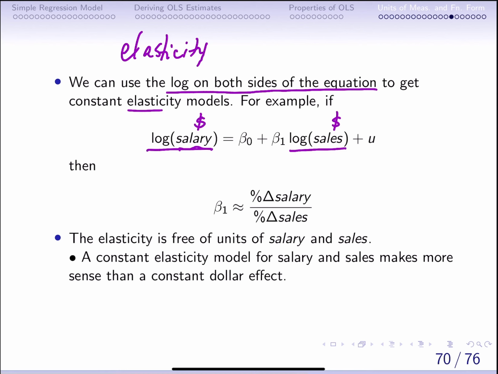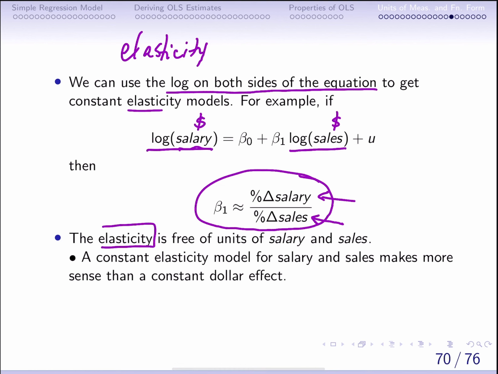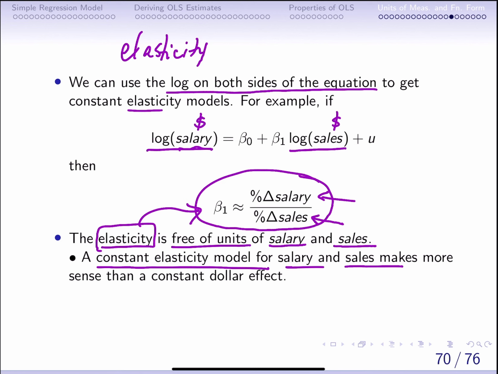So beta 1 would then capture what a percentage change in sales would do to a percentage change in salaries, right? And so here, elasticity is captured by beta 1, and this is free of units of salary and sales, both X and Y. And the constant elasticity model for salary and sales makes more sense than a constant dollar effect.